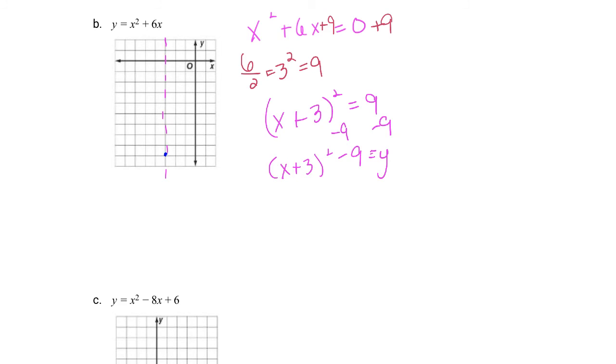Then if we look back at our original equation, there is no c, so that means our y-intercept is at 0. So that's 1, 2, 3 to the right. So 1, 2, 3 to the left is also 0, and that's what we call a parabola.